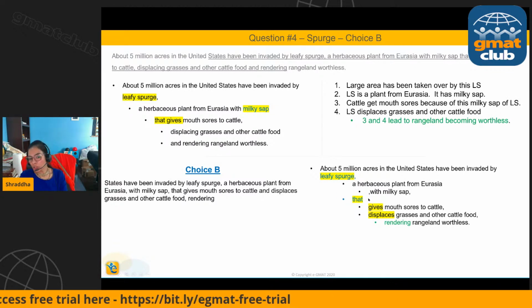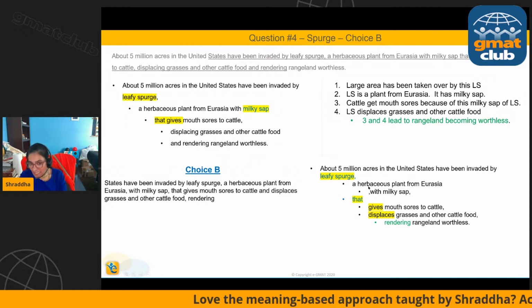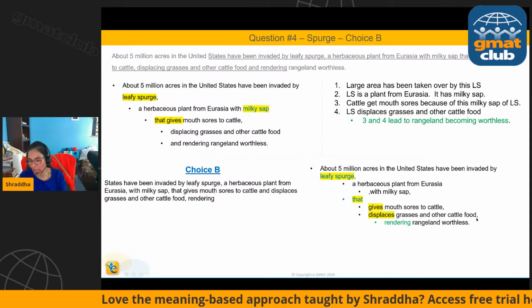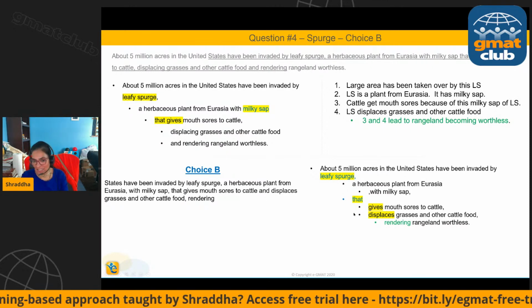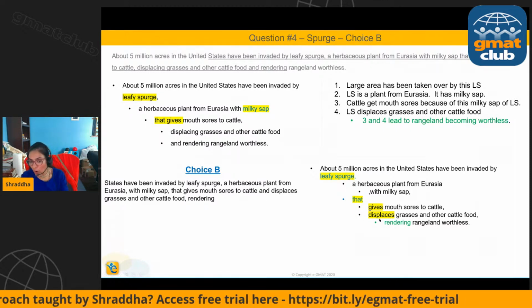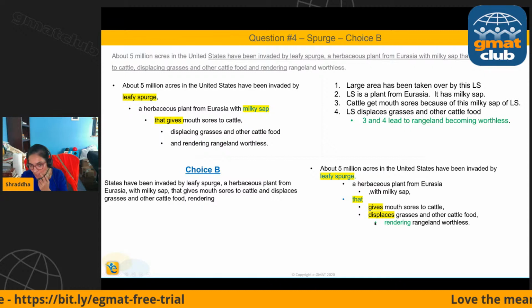So according to choice B, it is the herbaceous plant that gives mouth sores to cattle, and it is the herbaceous plant that displaces grasses and other cattle food. So this meaning is absolutely right. This is what we were looking for. We wanted an answer choice that would connect the action of displacement with leafy spurge, and this is what choice B does.